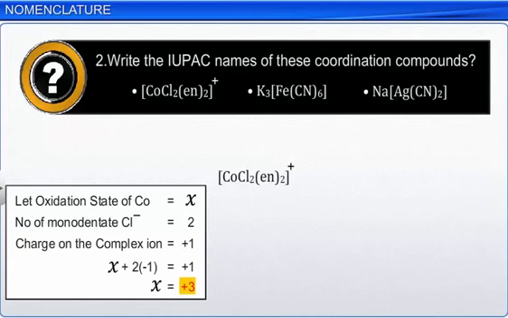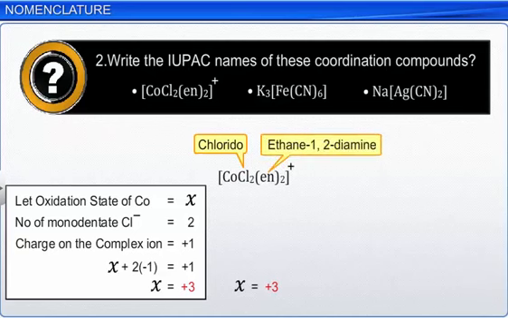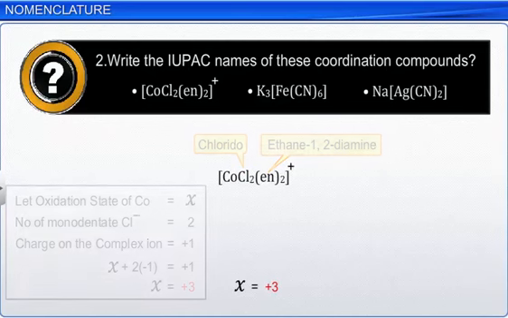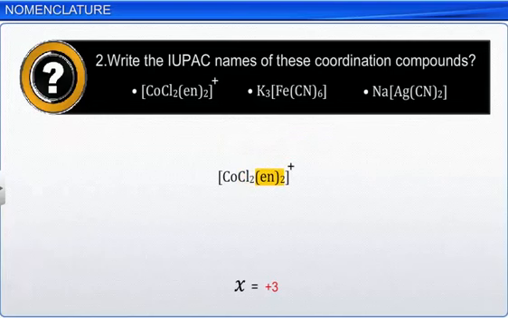The number of chloride and ethane-1,2-diamine ligands is indicated by the prefixes di and bis respectively. Thus, the IUPAC name of the given complex is written as dichloridobis(ethane-1,2-diamine)cobalt(III).